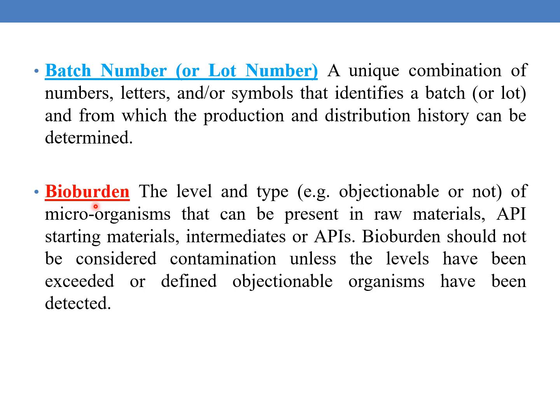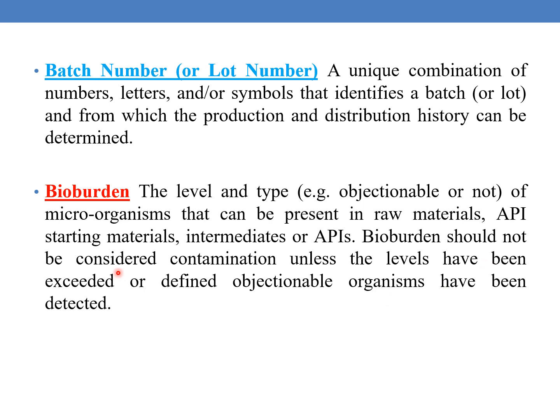Coming to bioburden. What is bioburden? The level and type of microorganisms that can be present in the raw materials, API starting materials, intermediates or APIs are considered as bioburden.